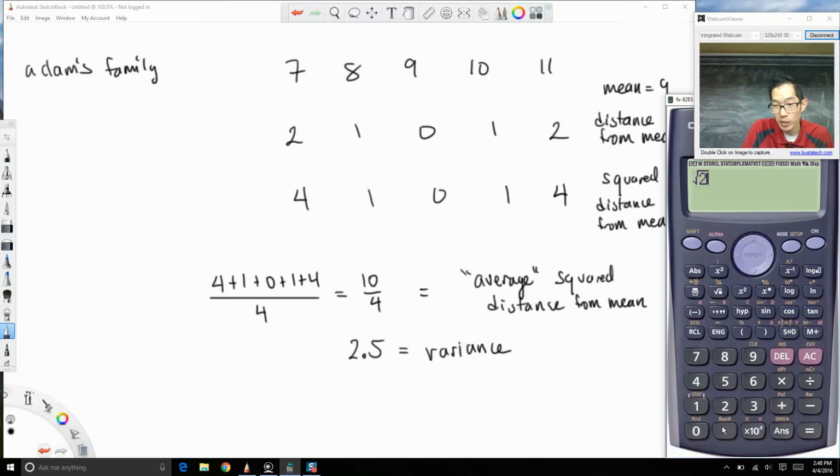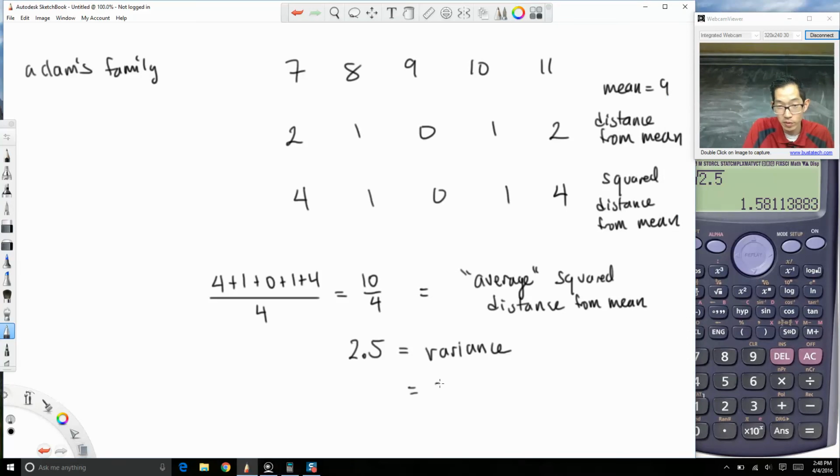Okay, and so my standard deviation is 1.581. This is equal to the square root of our variance, 2.5.